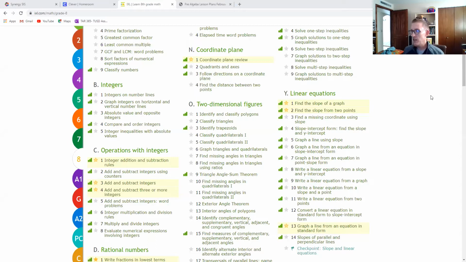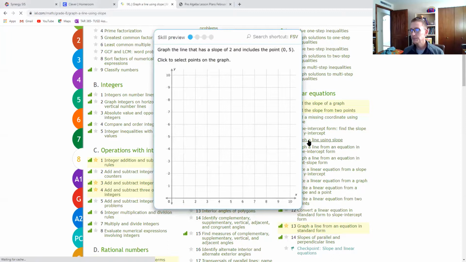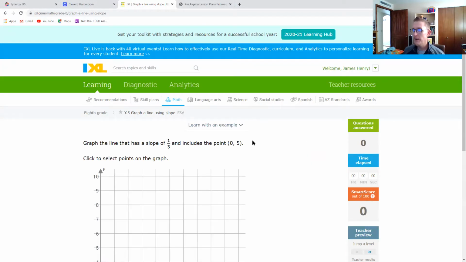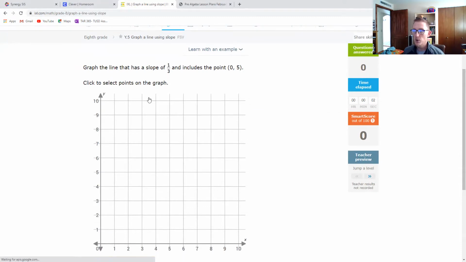for this particular section, we're going to be looking at Y5, graph a line using slope. So when I click on this and I bring up Y5, it's going to give me the same sort of clues. Graph a line that has a slope of 1/3 and includes the point 0, 5. So we're going to plot our first point at 0, 5. So 0, 5 is right here.